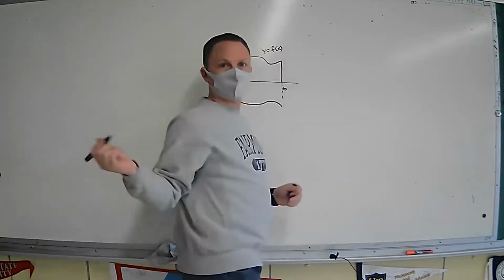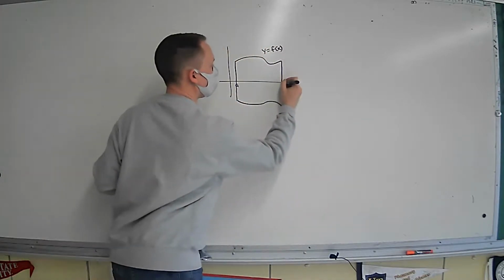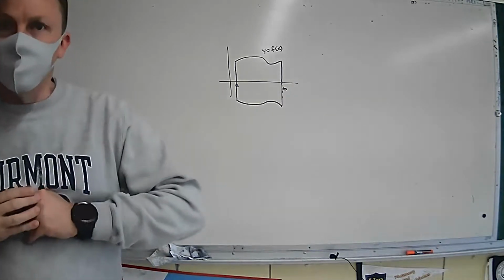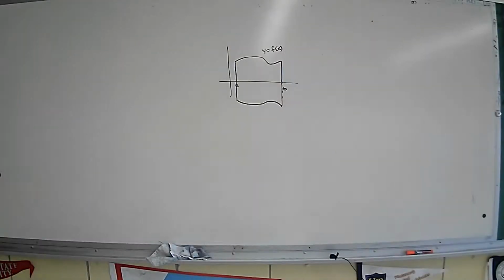Well, you already know what it looks like. I don't need to draw it. But now my goal here is I want something that's going to give us the volume of that vase. Okay?